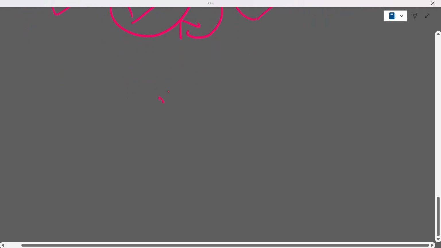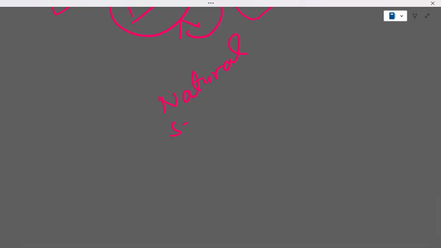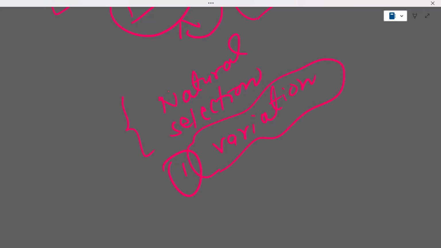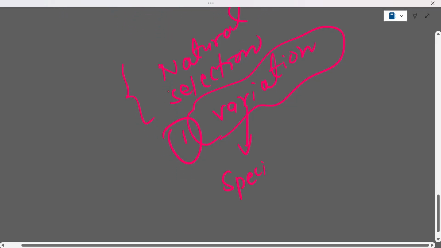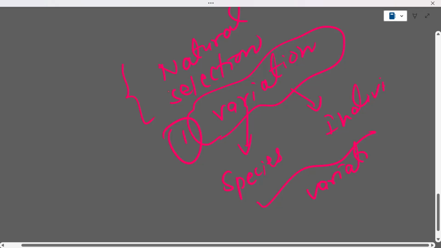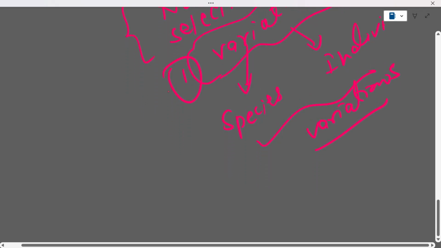Now another situation came. If you can recall the three principles of natural selection, the first one is variation, that every species and every individual, both population and individual, possess variations in their genetic code. Variations are always there, but sometimes some variations are not expressed.